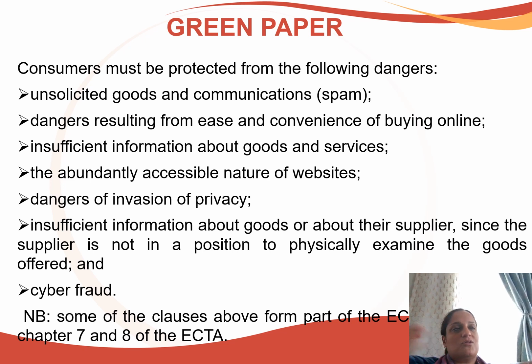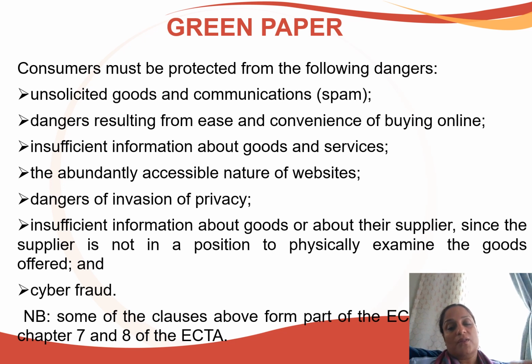Some pictures look wonderful, you think you're getting X and you actually get Y. Then there's the accessible nature of websites, and of course the invasion of privacy, collecting data and selling your data. Sometimes you have insufficient information about suppliers, and you can't go and check it and touch it and feel it. And of course, fraud does happen.